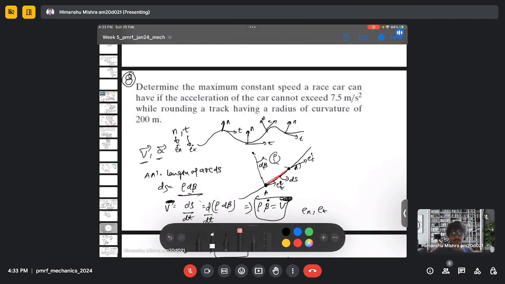So coming to this question, we need to determine the maximum constant speed a race car can have if the acceleration of the car cannot exceed 7.5 meter per second square while rounding a track having a radius of curvature of 200 meter.